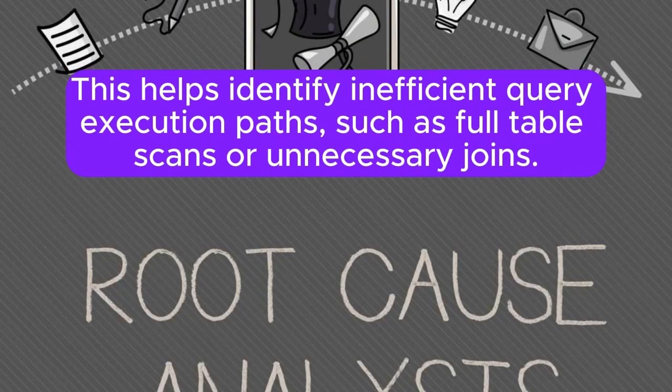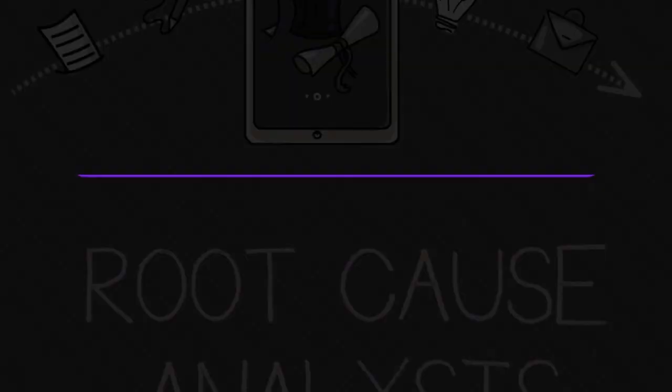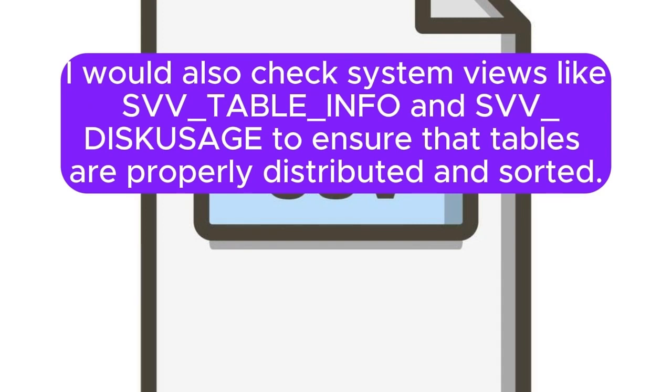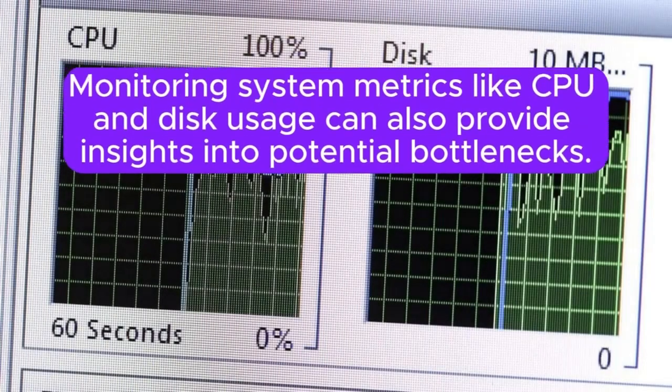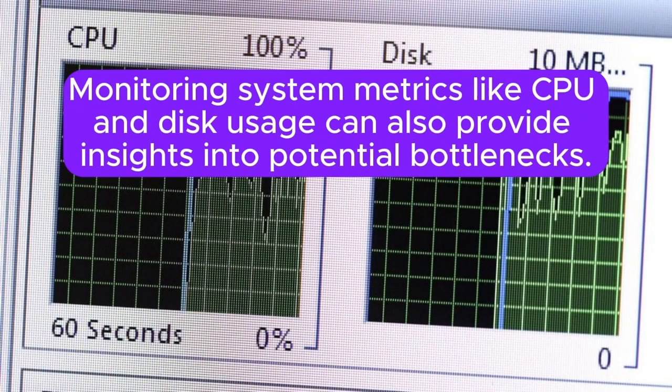This helps identify inefficient query execution paths, such as full table scans or unnecessary joins. I would also check system views, like svv_table_info and svv_diskusage, to ensure that tables are properly distributed and sorted. Monitoring system metrics like CPU and disk usage can also provide insights into potential bottlenecks.